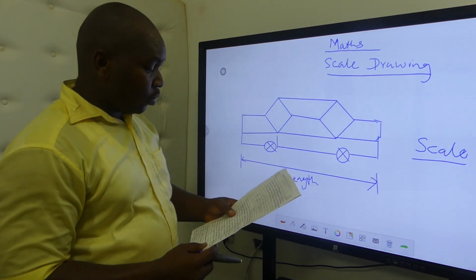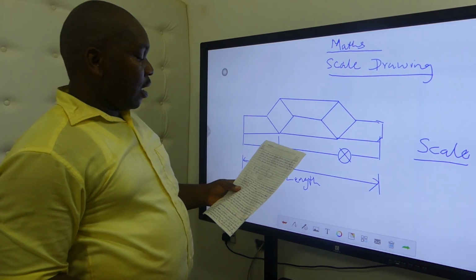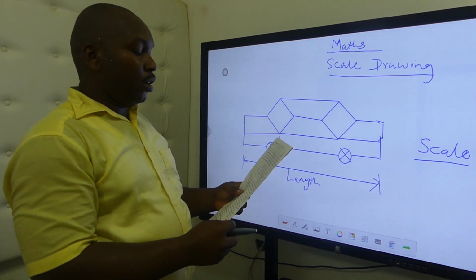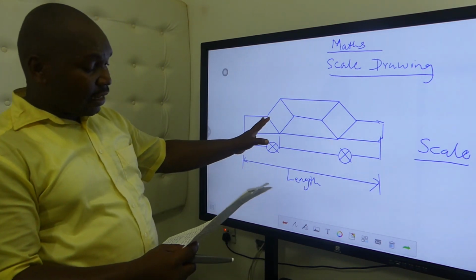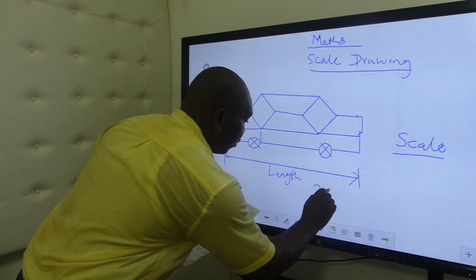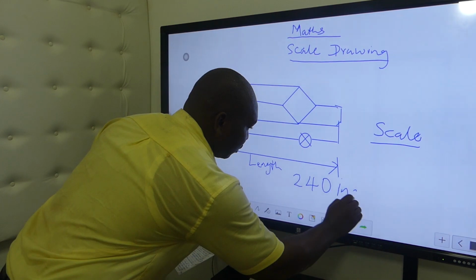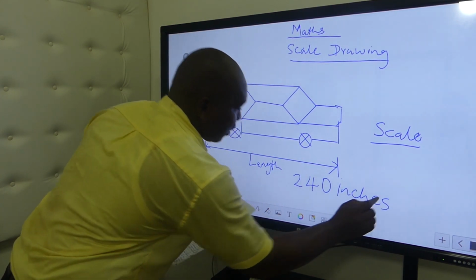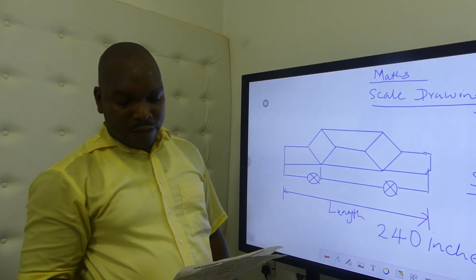So we are going to see how this car can be drawn in a sheet of paper. So in real life, let's say that the size of this car in real life is 240 inches.